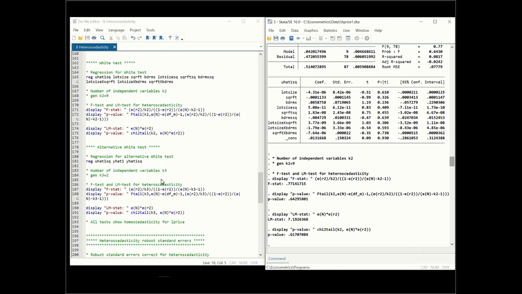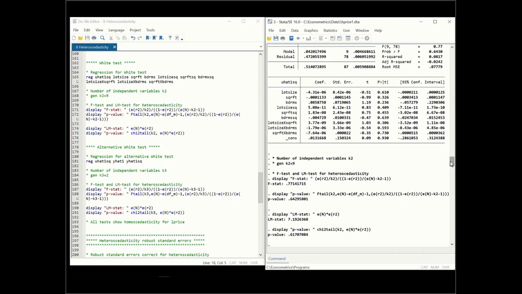The final test here is the alternative Y test, where we regress the squared residuals from the regression of log price on the y hat 1. This is the predicted value for the log of price, and this is the predicted values for the log of price squared.